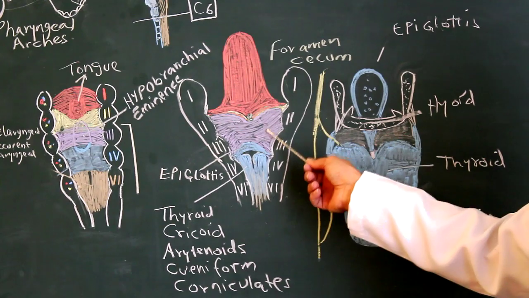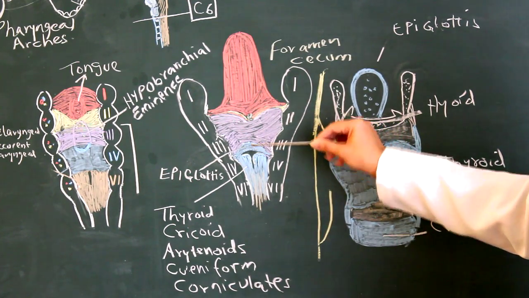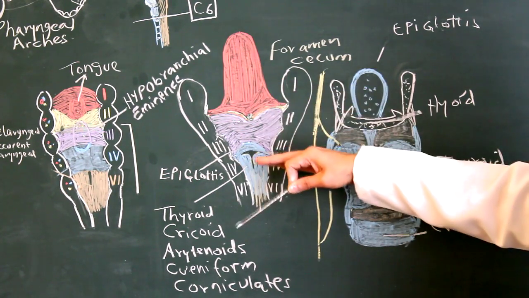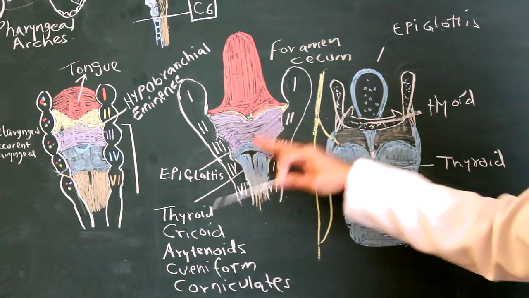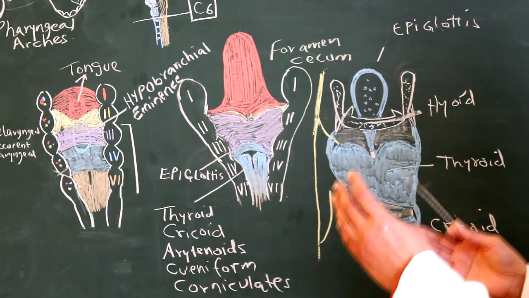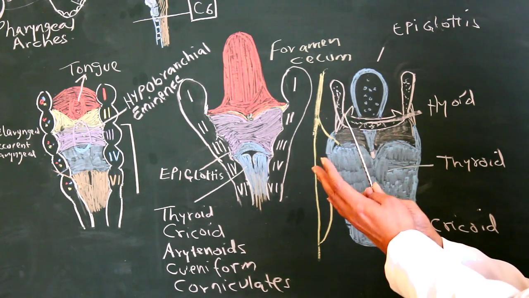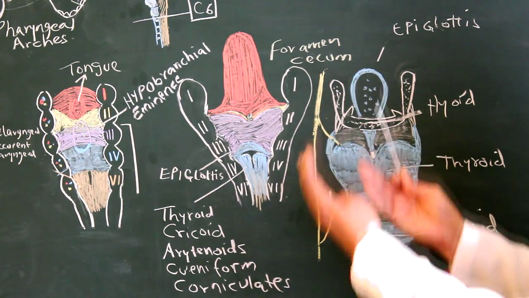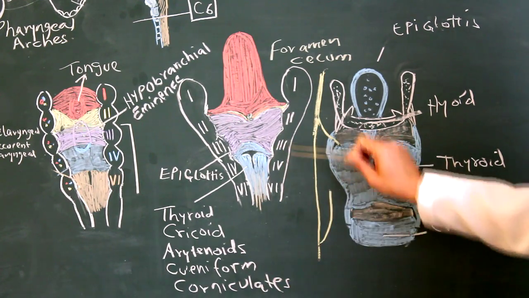Also the posterior-most part of the tongue, which is attached to the pharynx, is known as the pharyngeal part of the tongue. It receives its innervation from the pharyngeal plexus, which is formed by the branches of the glossopharyngeal, the 9th cranial, and the 10th cranial.